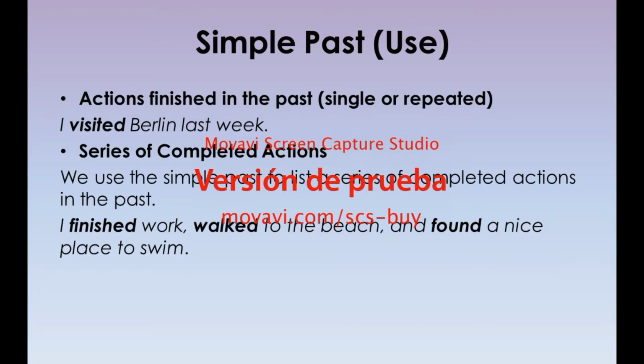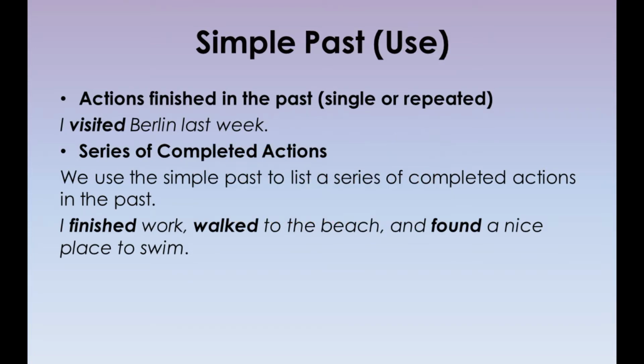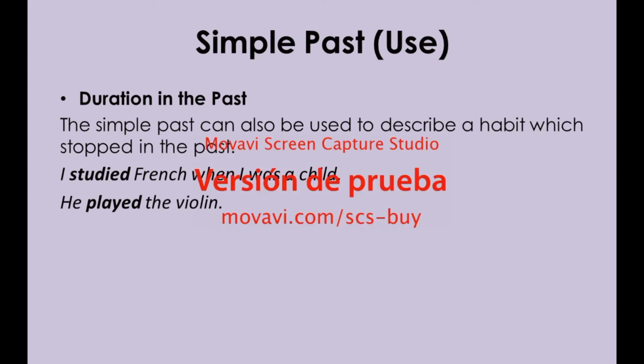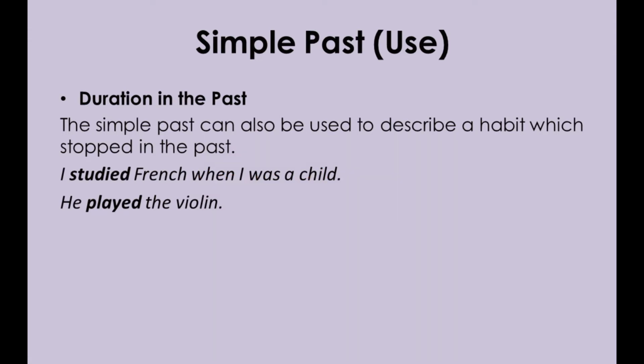I finished work, walked to the beach, and found a nice place to swim. The simple past can also be used to describe a habit which stopped in the past. For example, I studied French when I was a child. He played the violin.